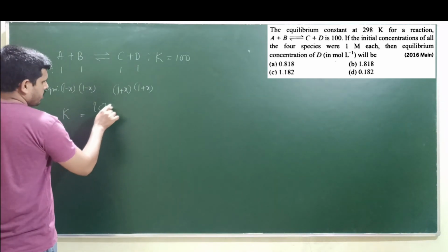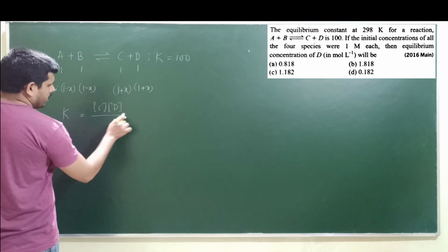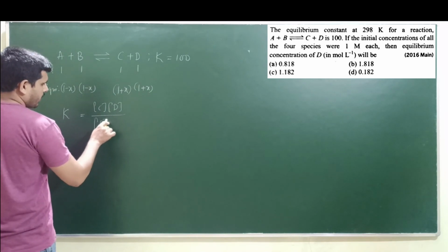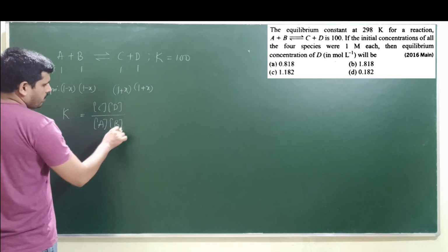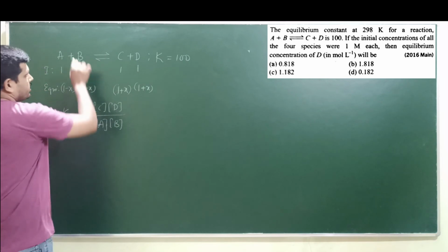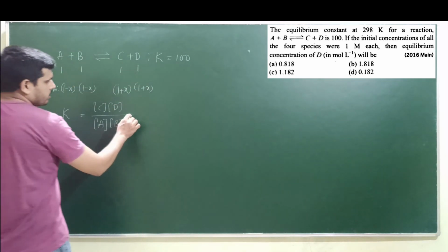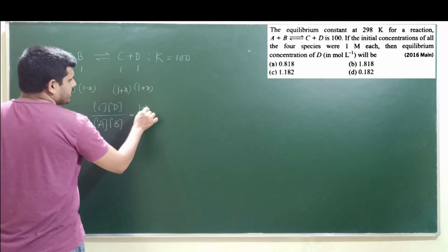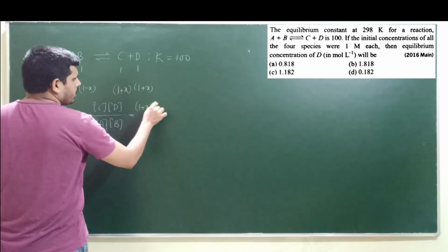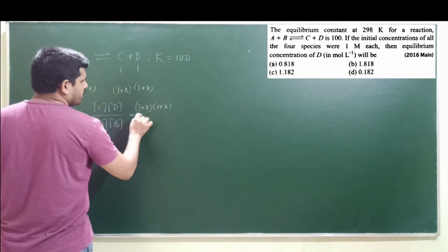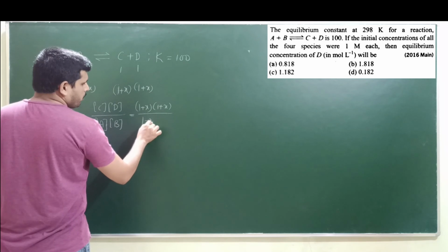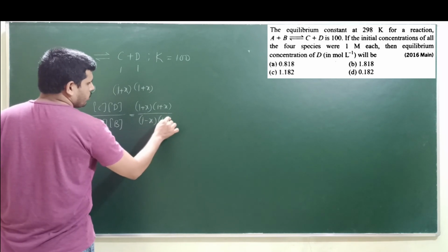Product of the product concentrations divided by the product of the reactants raised to powers equal to their stoichiometric coefficients. Since the stoichiometric coefficients are the same, we need not raise it to any power. So this is 1 plus X into 1 plus X divided by 1 minus X into 1 minus X.